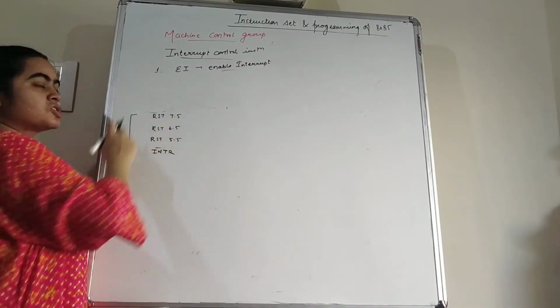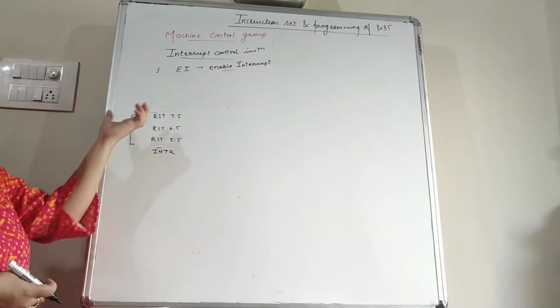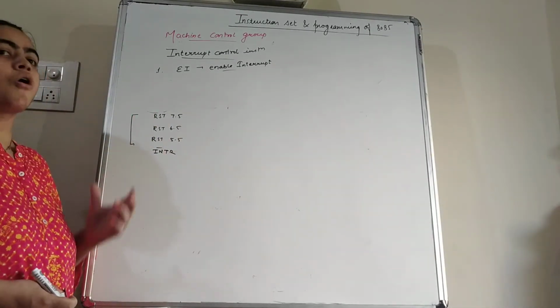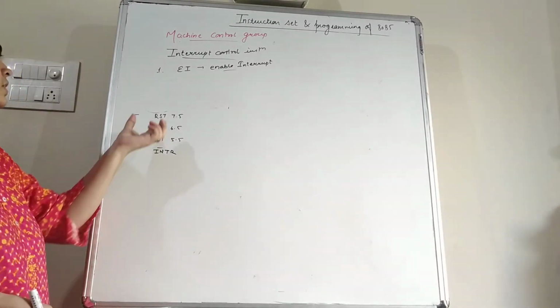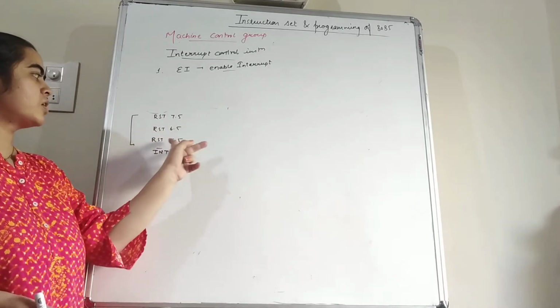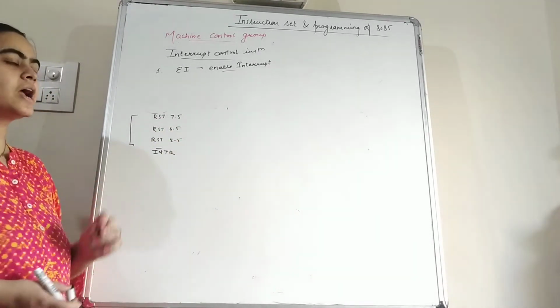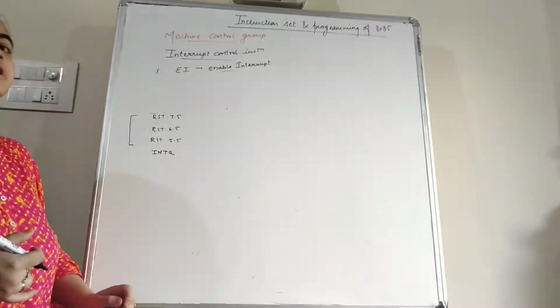Now students, EI means enable the interrupt. When this instruction is executed by a programmer, the microprocessor will enable the hardware interrupts RST 7.5, RST 6.5, RST 5.5 and INTR, because the other hardware as well as the software interrupts are automatically non-maskable or enabled interrupts.